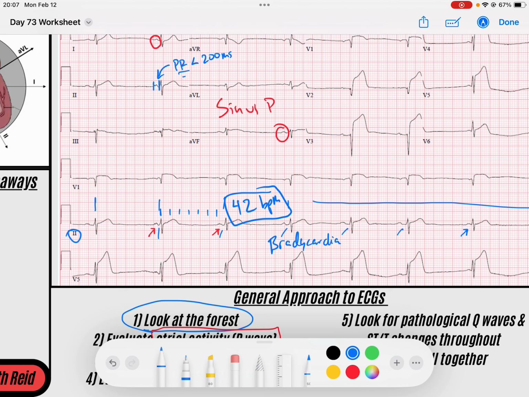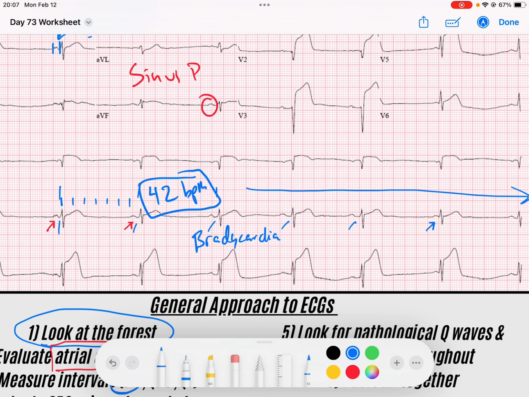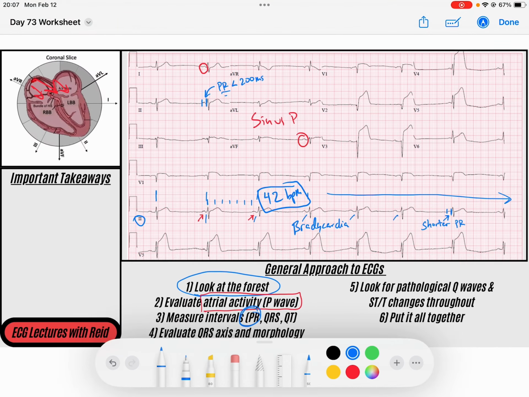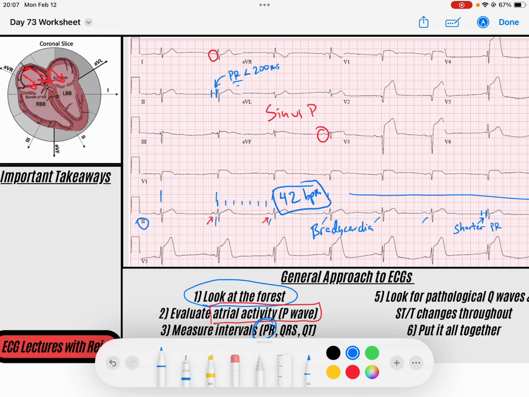And so that might make you think, well, why did the PR interval for this beat actually shorten? So this is a shorter PR interval. So that might make you wonder what's going on with this rhythm. And is that the case always here? What you might notice as we scan through is that this PR interval seems to be a little longer, this seems to be a little shorter, then it's intermediate in the middle as well, and then it gets longer again.